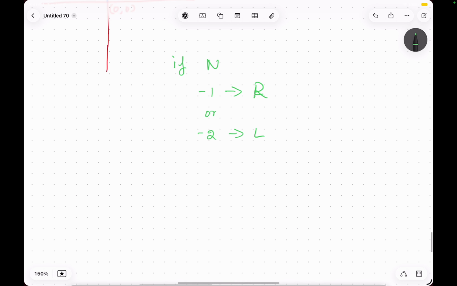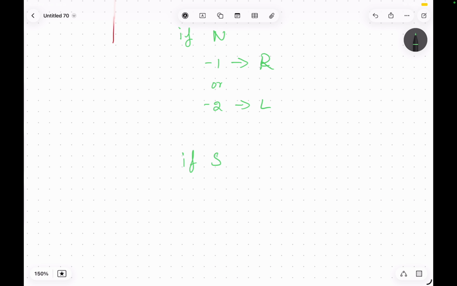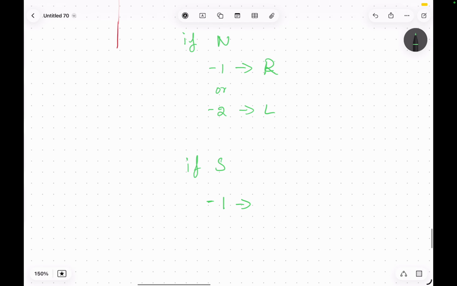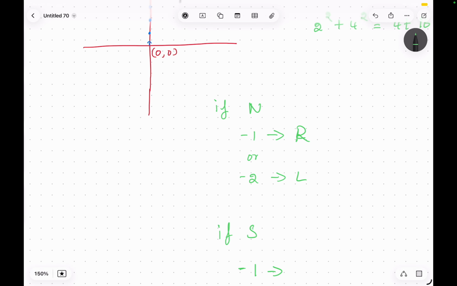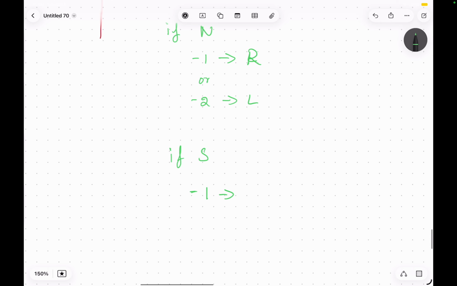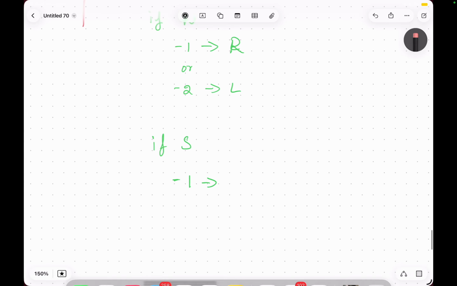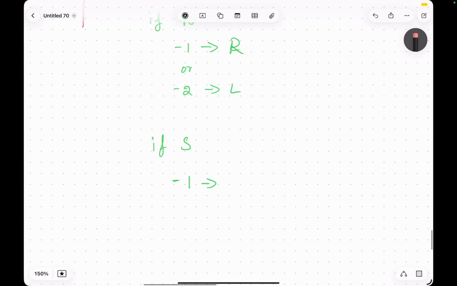But if you are moving towards south, the initial direction is south, so if you encounter -1, what happens is that towards south, this will be the opposite direction exactly to this, right? So then according to south, this will actually be right, but looking at the center point, this looks like you have to move left, right?